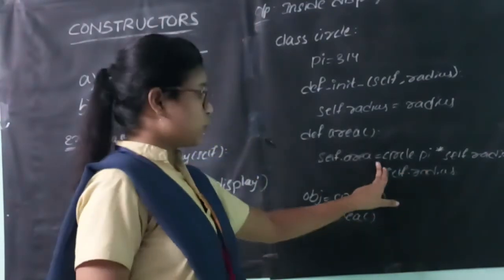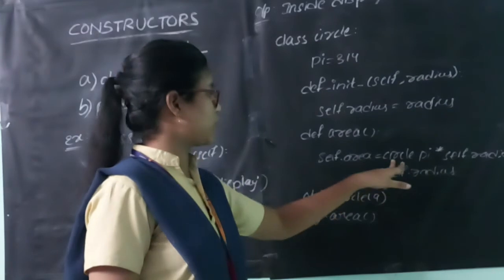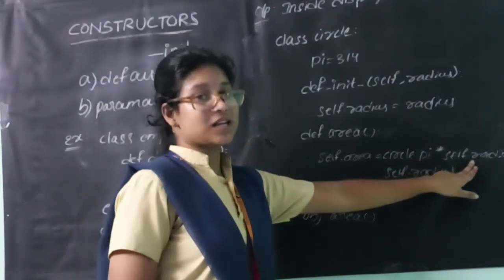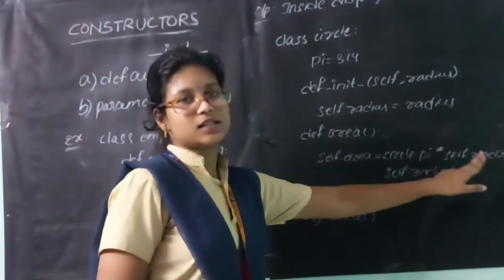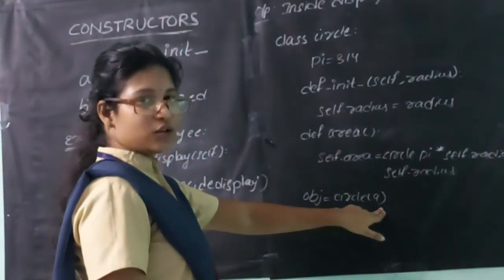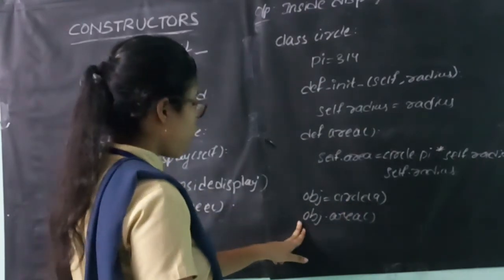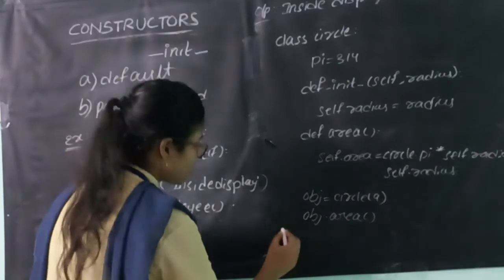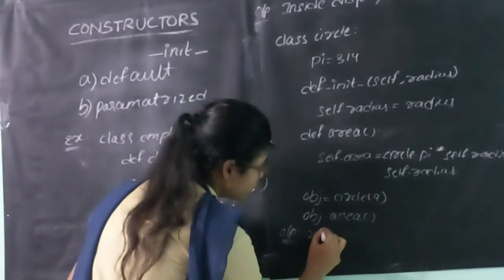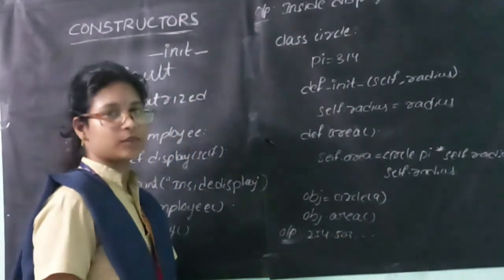You can use double star as exponential, so you can put Circle dot pi star self dot radius double star 2. Since double star means exponential, here I gave the value to the radius and I assigned it to the object and then object dot area of. So we can get the output like 254.503 and so on, some decimals.